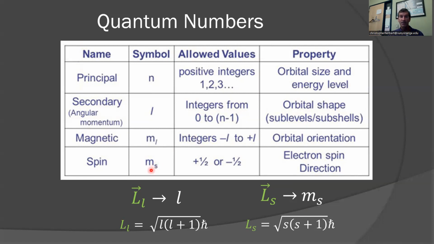Finally, our spin quantum numbers are quantized, so you can have spin up or spin down. And that allows us in the S orbital, L equals 0, ML equals 0, we can't have 2 electrons in the same orbital state, so one's going to be spin up, one's going to be spin down.